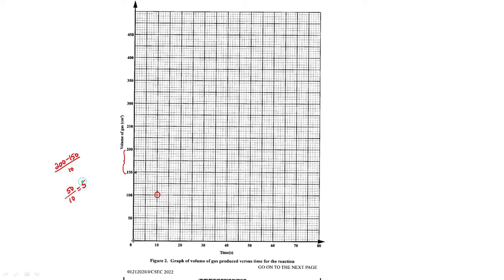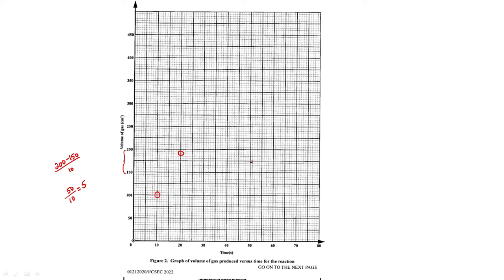So each space is 5. So this is 155, this is 160, 165, 170, 175, 180, 185, 190. So 190 is 2 spaces below 200. So let's go here, 2 spaces below 200. And we're good. Each space is 5, so don't forget that.